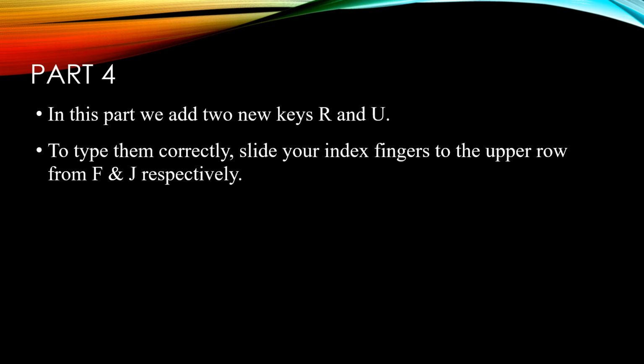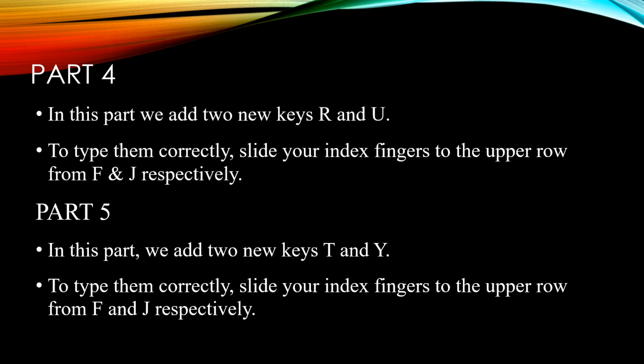Now in the next part we are going to study U and R. To type them correctly, slide your index fingers to the upper row from F and J respectively. Again, two new keys, T and Y, and for this we will again slide our index finger only.